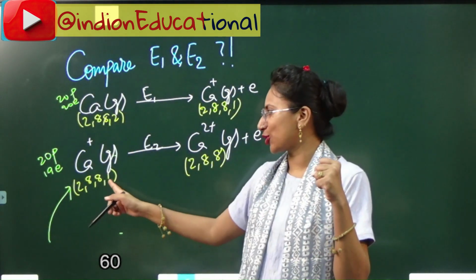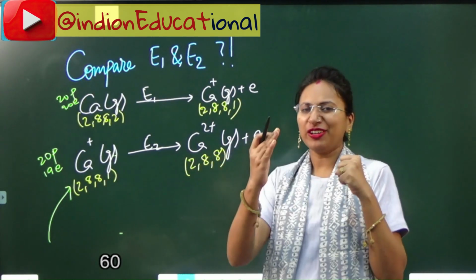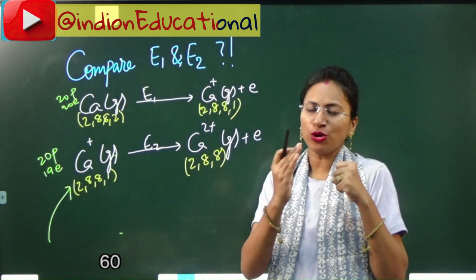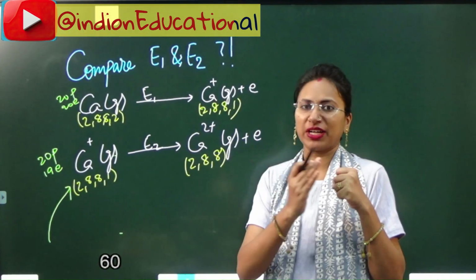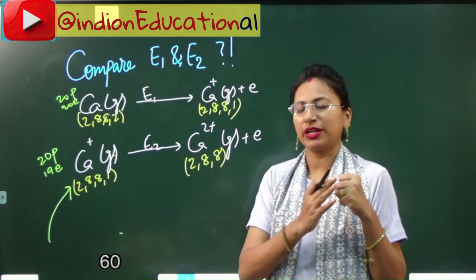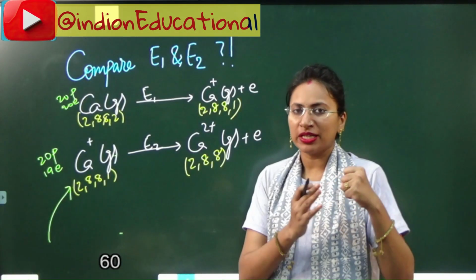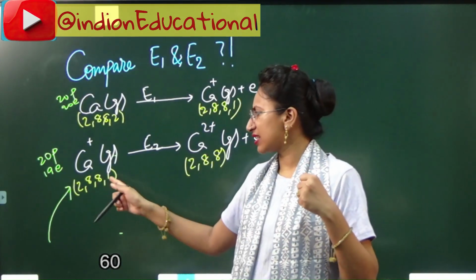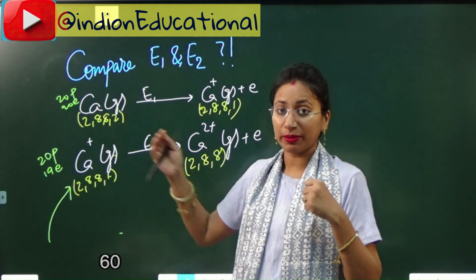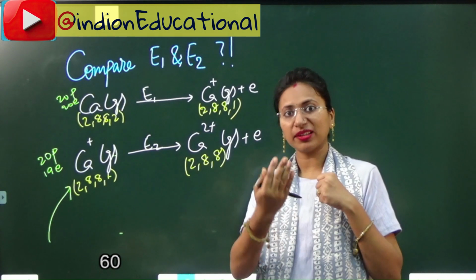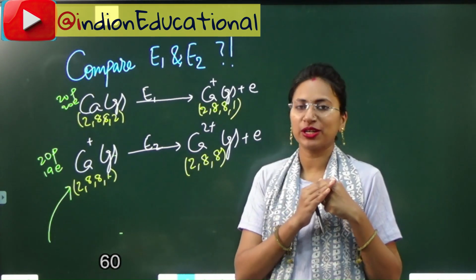So the last electron, the 19th electron, will feel more nuclear pull. In terms of Z effective, it will be increased now. The nucleus will be holding this last electron more effectively with respect to the earlier 2 electrons, because the number of protons is greater than the number of electrons now.